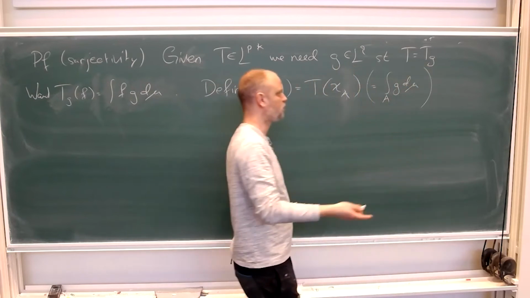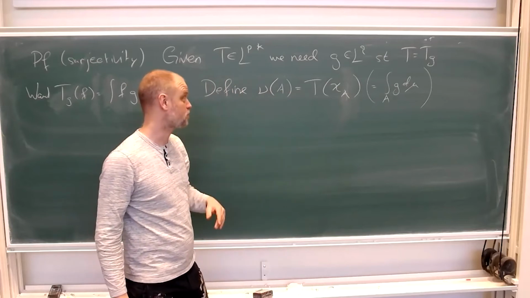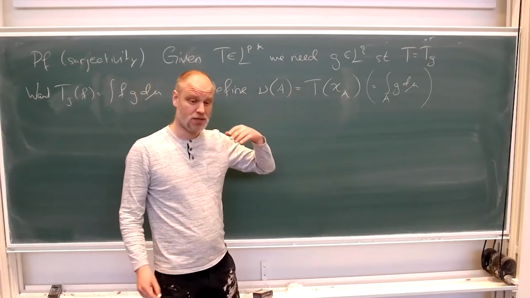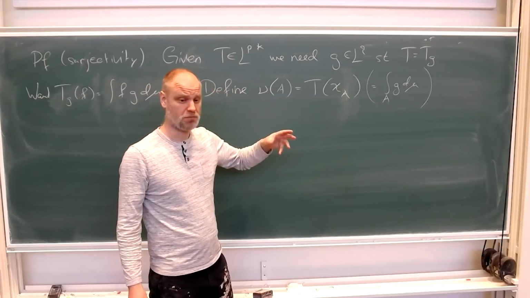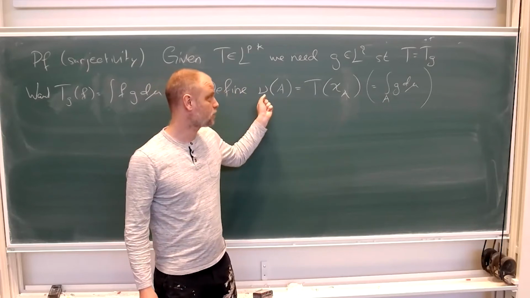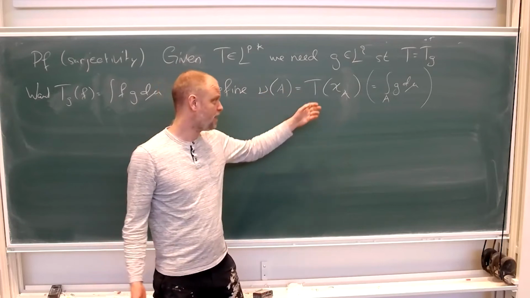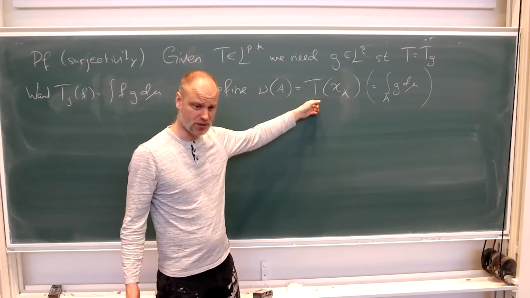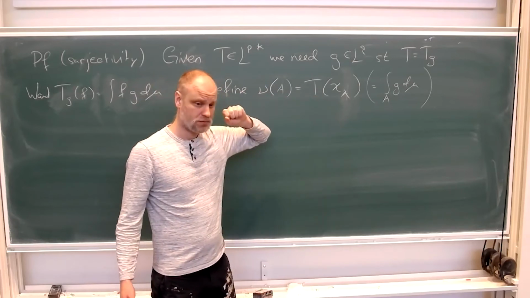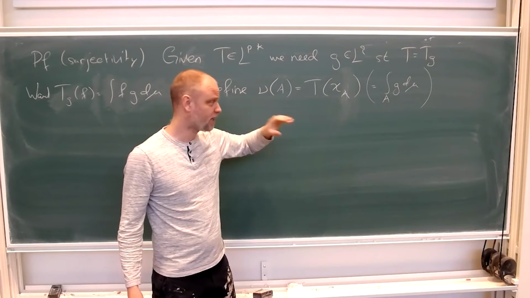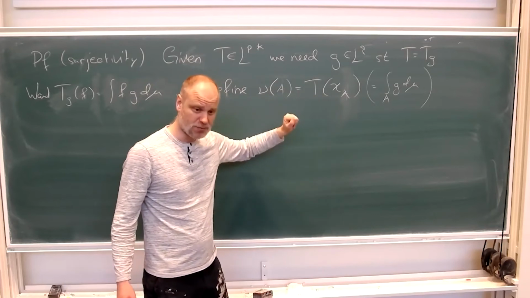And from chapter 2.6, we know that this defines a new measure if g is positive. So if T is a non-negative linear functional, then actually this is a measure. But we have no non-negativity restriction here. But let's go with the non-negativity restriction for a while and see that actually this is a measure.